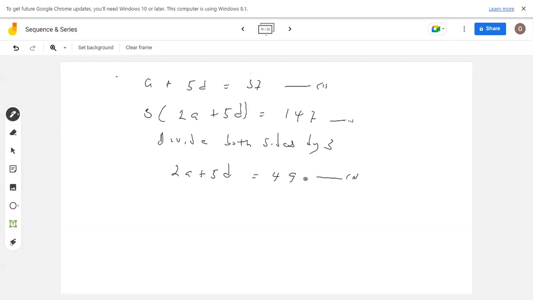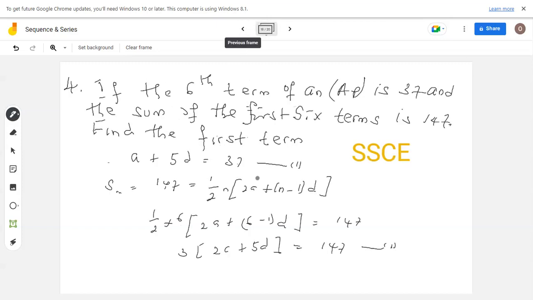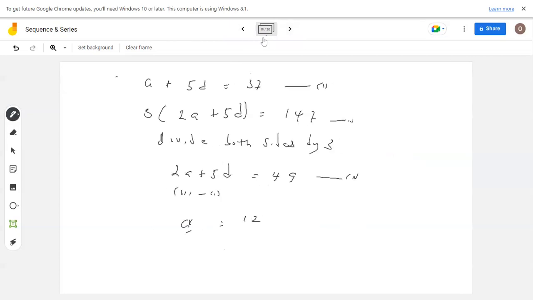So now we can subtract equation 1 from 2, that is equation 2 minus 1. When we do that, 5d is cancelled. Then a is going to give us 49 minus 37, which is 12. So a is 12, and the question tells us to find the first term. So a is the first term, so the answer is 12.